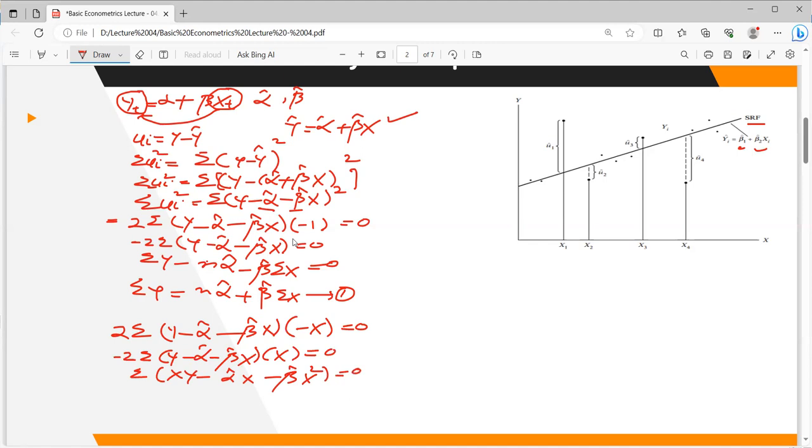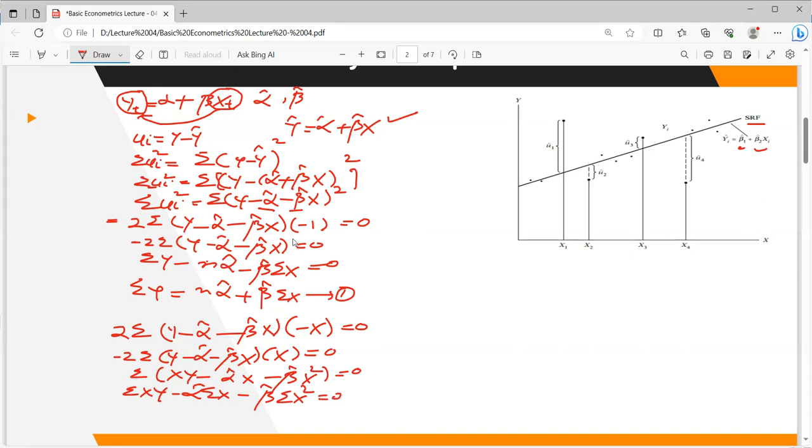By applying summation inside the bracket, summation xy minus alpha estimated summation x minus beta estimated summation x square is equal to 0.